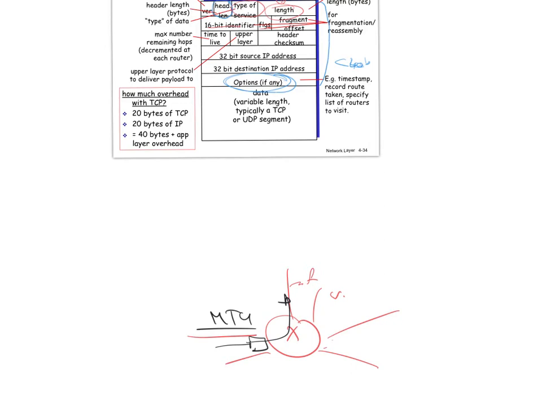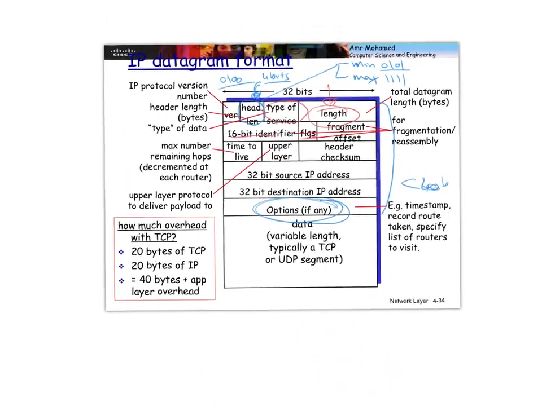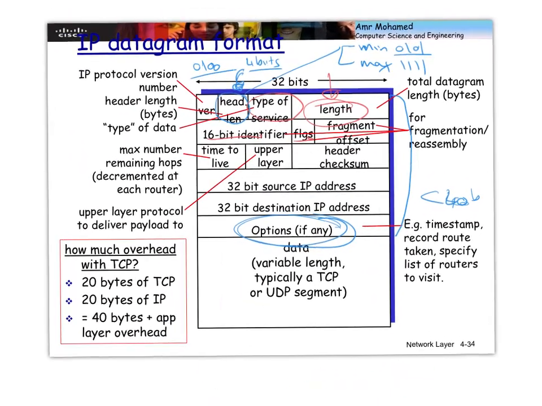So at the beginning, I need to fragment, and then at the end, I can reassemble these fragments to get back to the original packet. We'll talk about this in detail in the next few slides. So now this 4-byte word is used for fragmentation. We have 3 fields for this, which we will talk about.